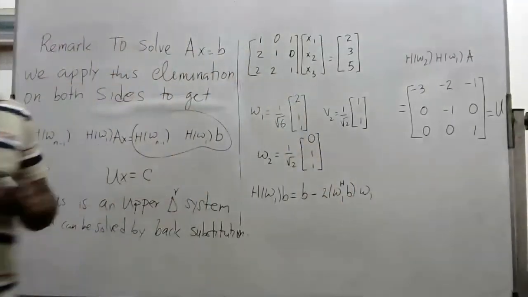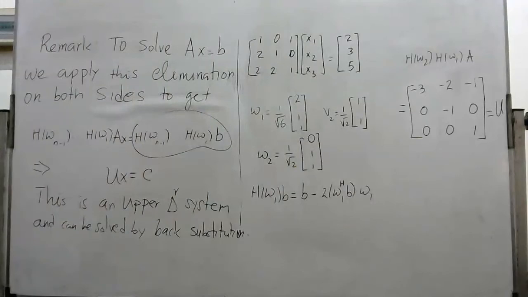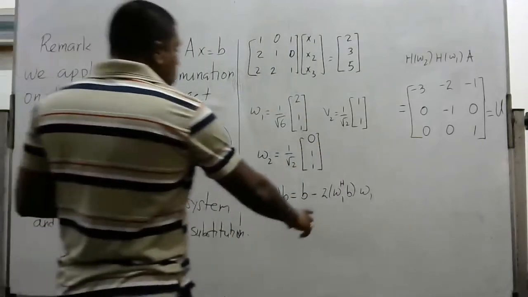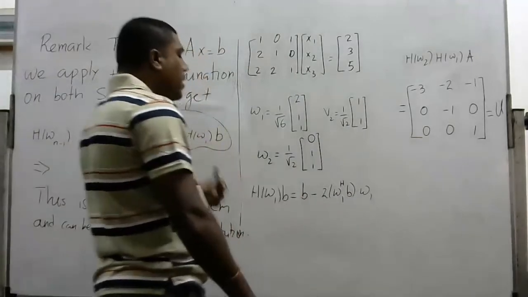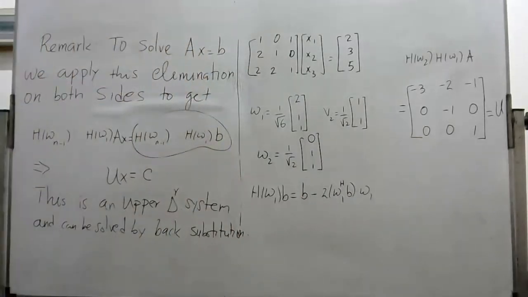Right, so b minus 2 times omega 1 Hermitian b times omega 1.